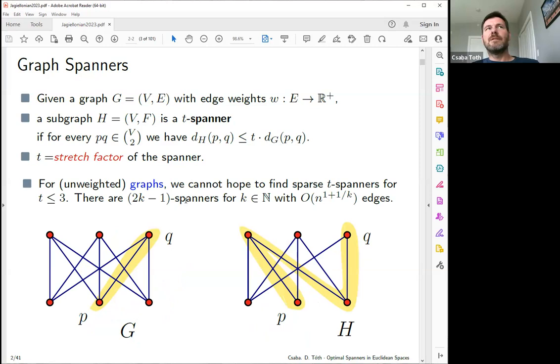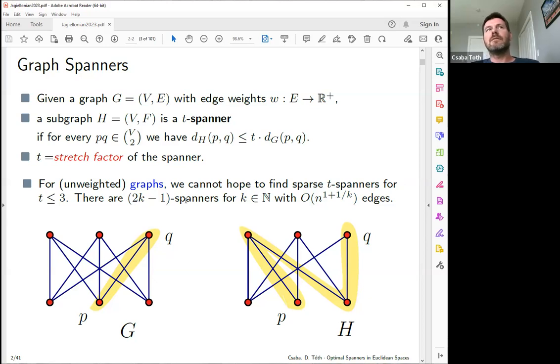A lot of work has been done for unweighted graphs. In this regime, the stretch factor in general cannot be better than 3. The easy example is the complete bipartite graph: when we delete any one of the edges, the shortest path between its two endpoints has length 3, which immediately gives a factor 3.